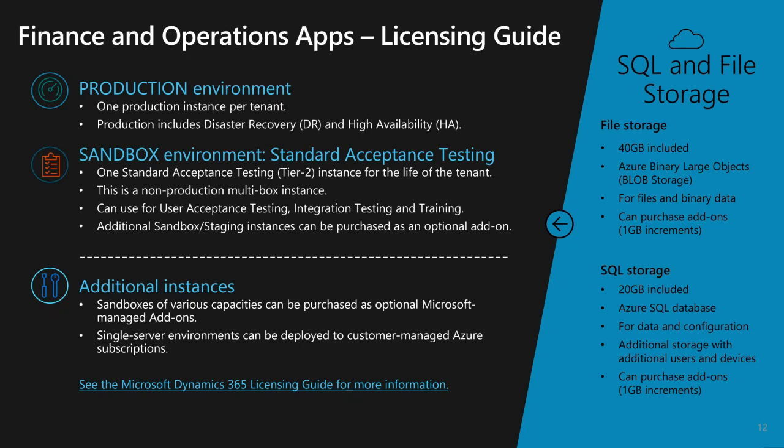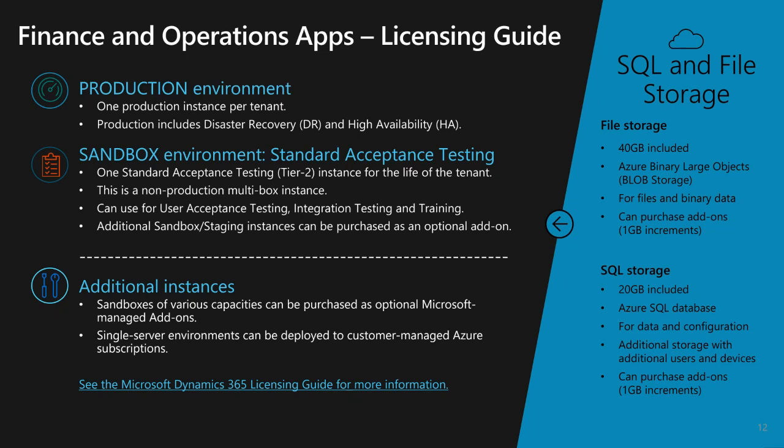However, based on the quantity of user licenses that you've acquired, these volumes may be increased. There's a formula for which these are incremented based on the user volume. And in addition to that programmatic increase, you can also optionally purchase add-ons in 1 GB increments for either file storage or SQL storage capacity.